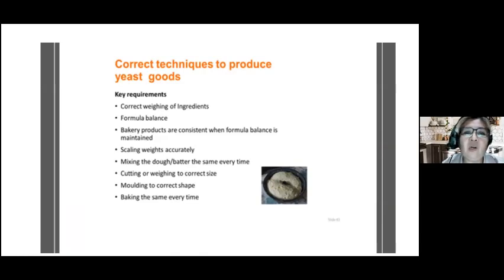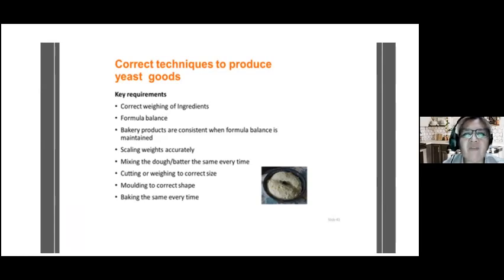Okay, let's proceed to the correct techniques to produce these goods. So the key requirements or the tips that you have in your learning activity sheets. If you have read your learning activity sheets, you have the correct weights of ingredients, accurate measurement of ingredients. Everything starts with an accurate measurement.